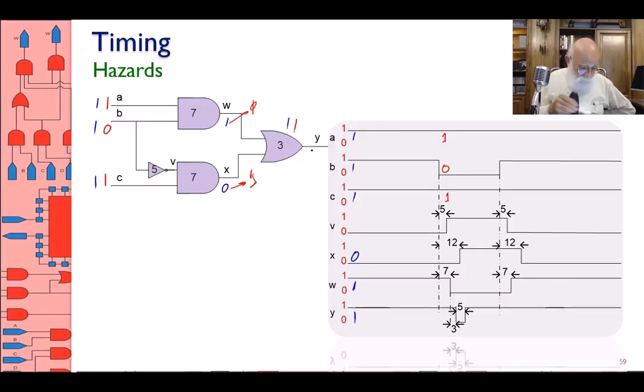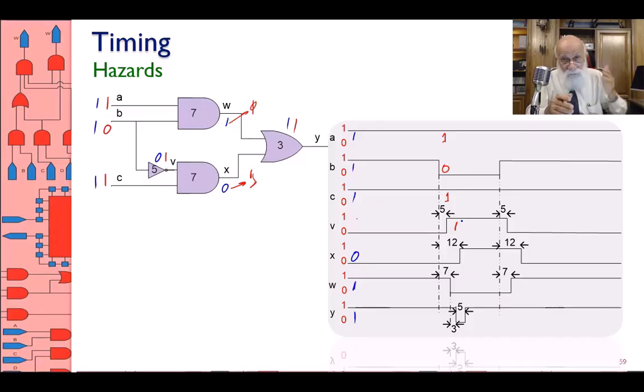So let me also put the output of the inverter here, V. It was a 0 and now is a 1. 5 nanoseconds after B changes to 0, the inverter output changes to 1.